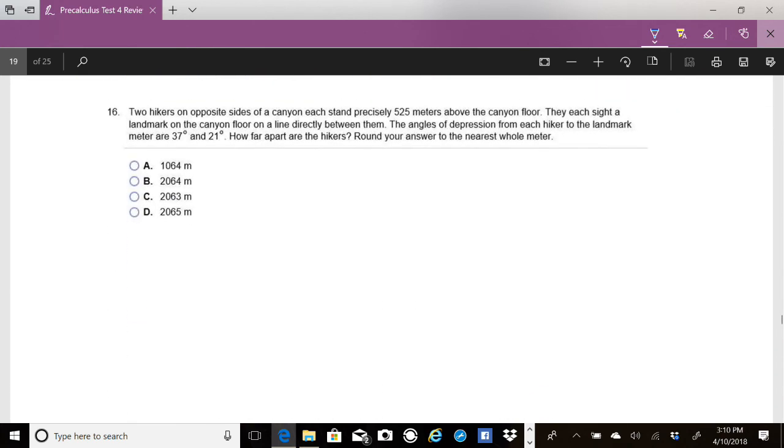Now the next problem is a practical application problem, where you always need to draw a picture. We've got 2 hikers on opposite sides of a canyon. Each stands precisely 525 meters above the floor.